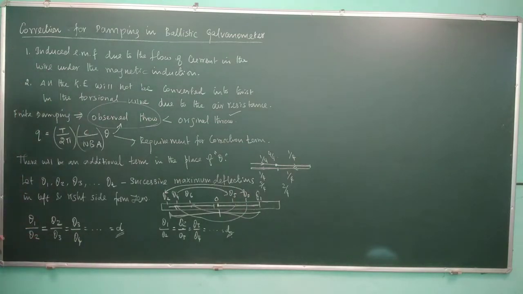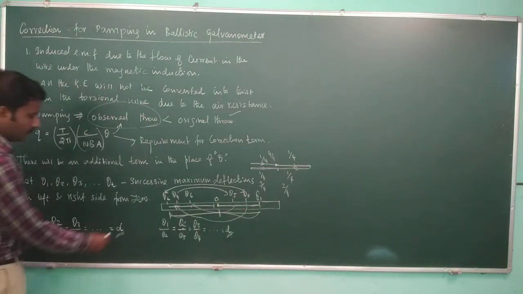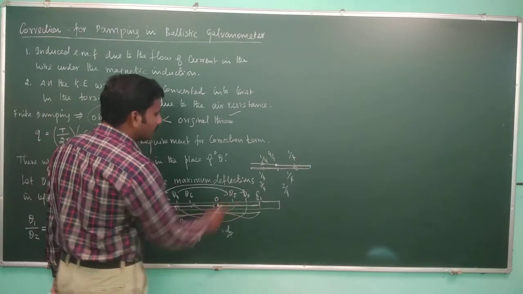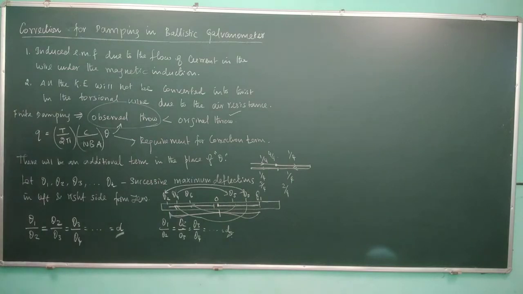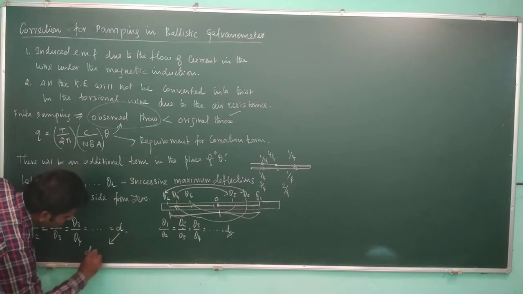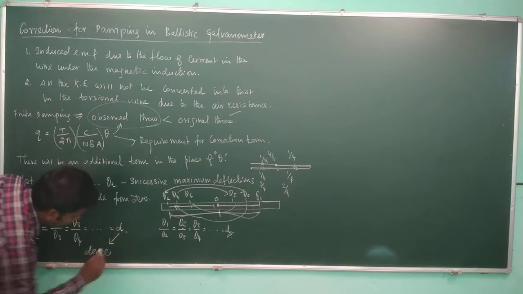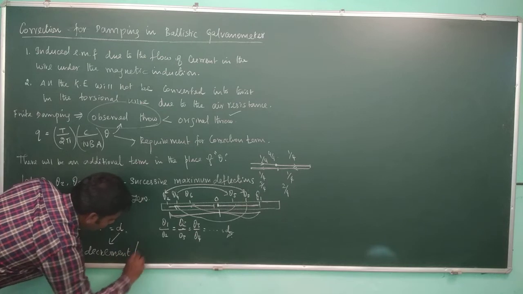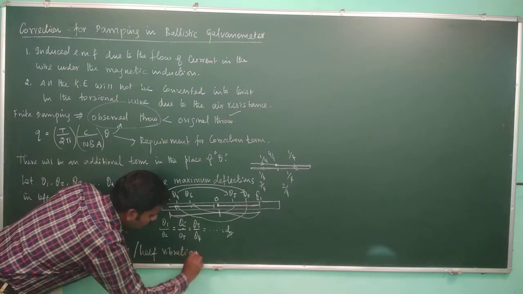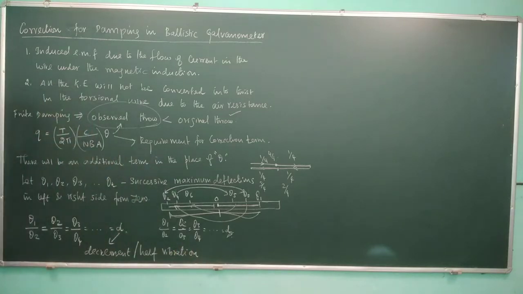So if you take half of the vibration, that is theta 1 by theta 2, theta 2 by theta 3 and so on, all the ratios will yield the same value, which we denote as D, that is called decrement per half vibration. Decrement for half vibration.